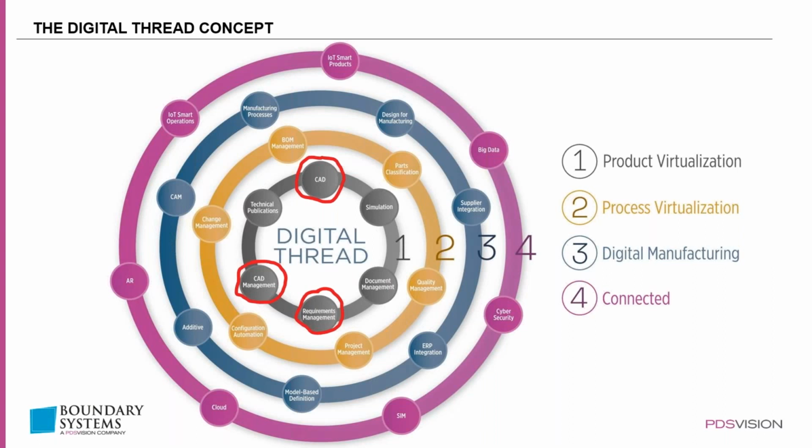On the inside, in thread one, we can see the direct modeling categories like CAD, simulation, technical publications. As we go out from there, we have things like change management, automation, project management. Going out another step, we have manufacturing processes. Going out from there, we have smart operations, cloud, etc.